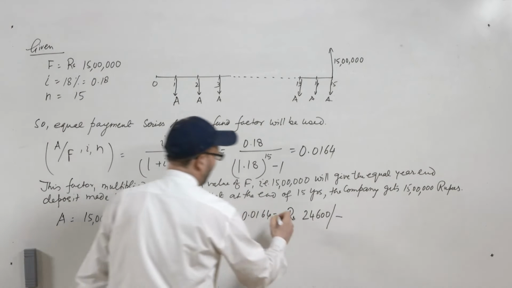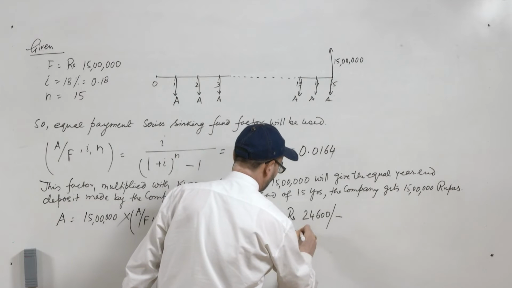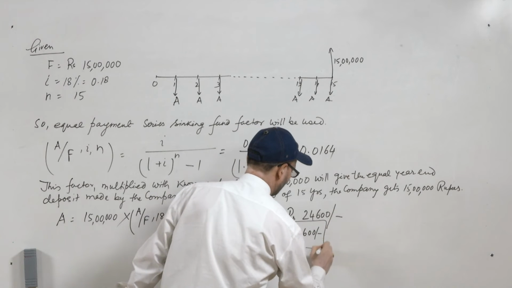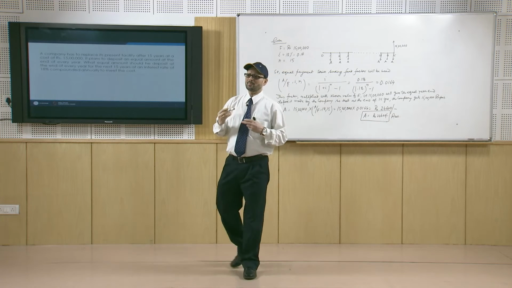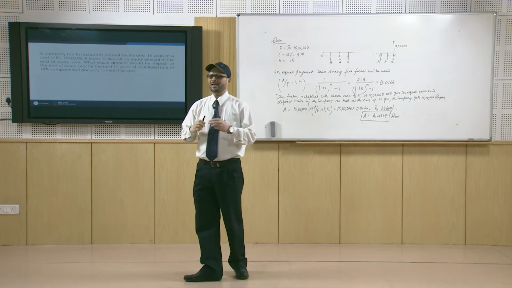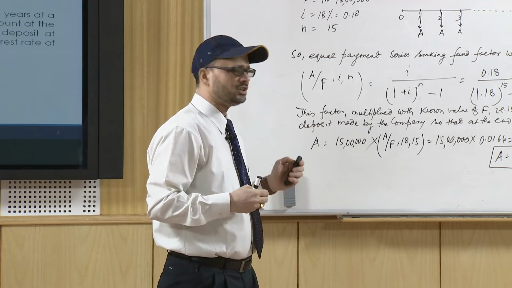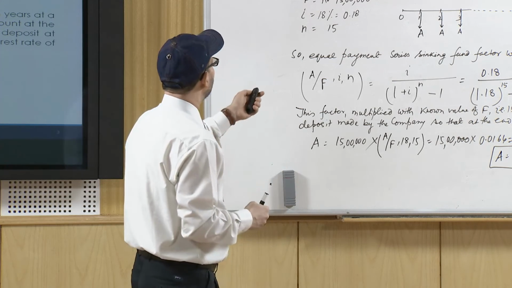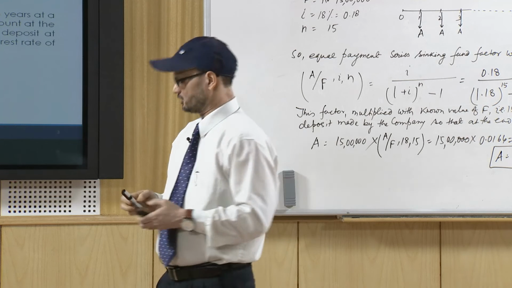This is the answer. So, it means if the company deposits every year end an amount of 24,600 rupees, it is likely to get 15 lakhs of rupees at the end of 15 years.